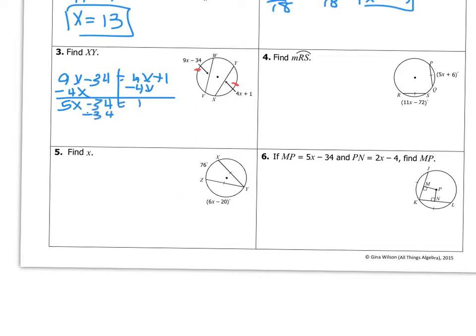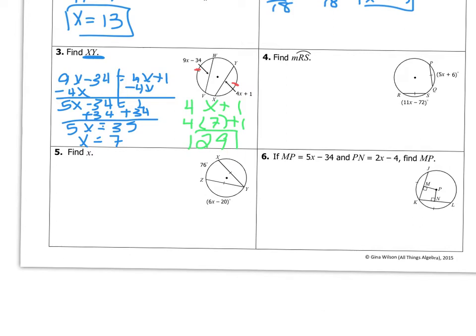Add 34. We got 5x equals 35, but it's not asking for x. x is equal to 7. It's asking for xy. And so xy is equal to 4x plus 1. So 4 times 7 plus 1. So the answer should be 29.